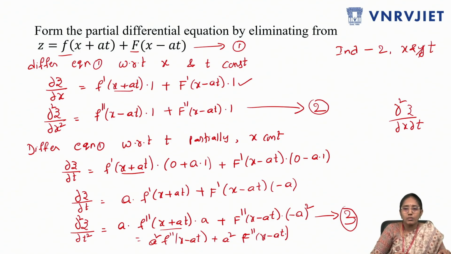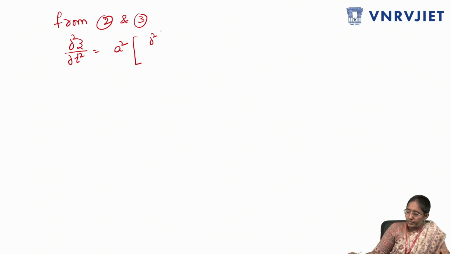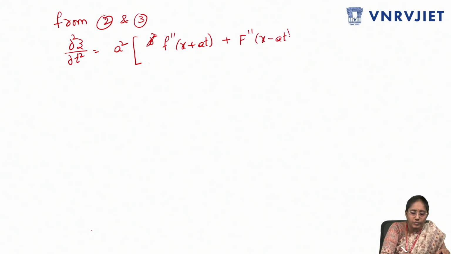Take a² as a common and relate with equation 2. a² into f''(x + at) plus F''(x − at). If we observe, this is same as equation 2.